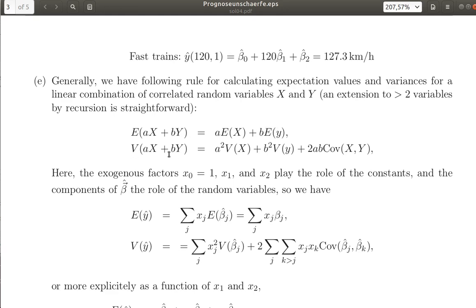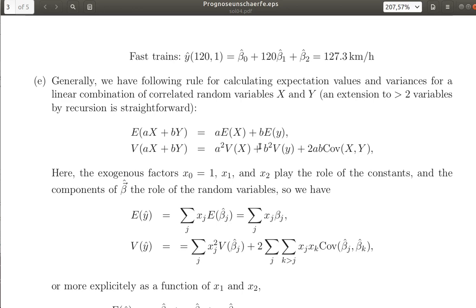Variance is a quadratic quantity, and you can only pull in the prefactor if squaring it. It means the diagonal terms of a variance-covariance give this term, a squared and b squared times the respective variances of x and y. But we also need the non-diagonal covariance term, which is just in this case 2ab times the covariance.